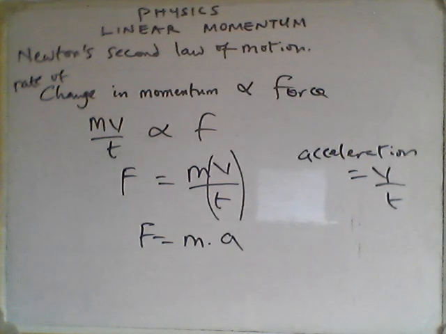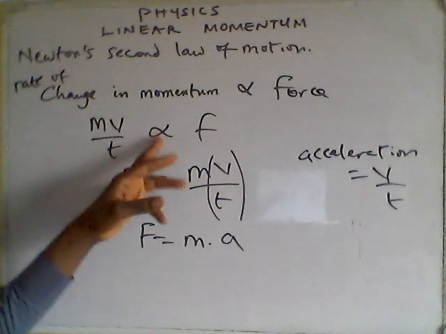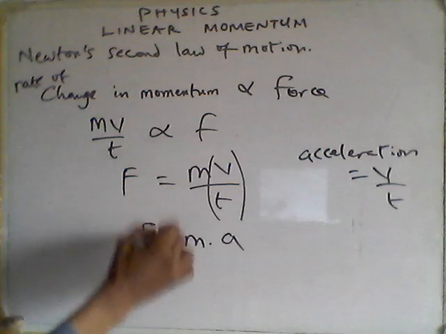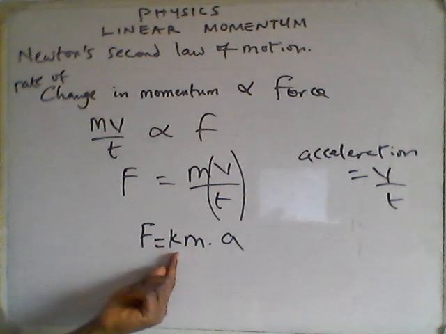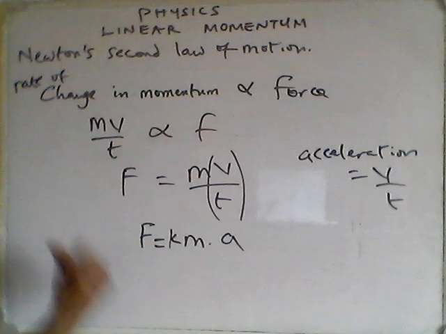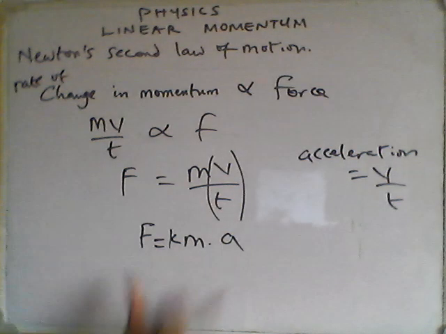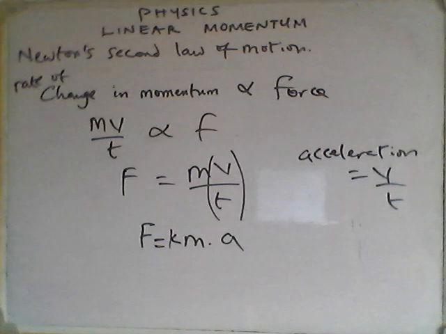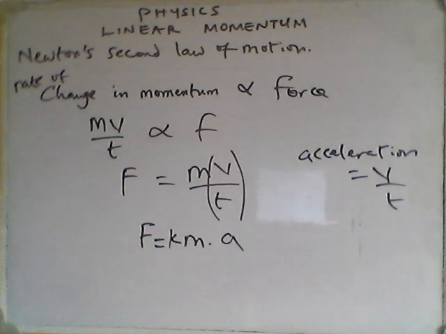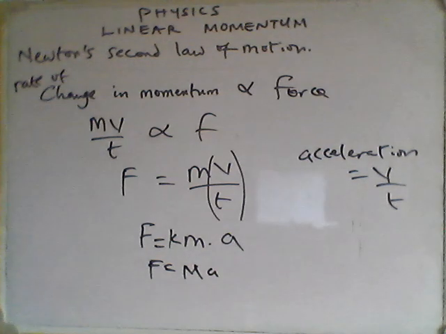Of course, there's a constant in this, because I removed the proportionality sign, and normally when you do that and put in the equal sign, you put a constant. This constant is just there to show that the condition is right for this to happen. But most times it's normally 1, so that you now have F equals ma.